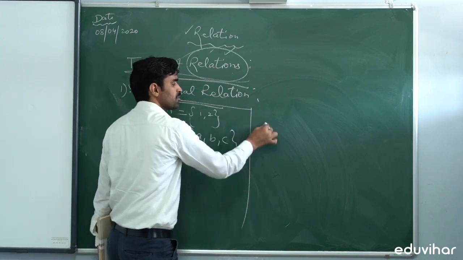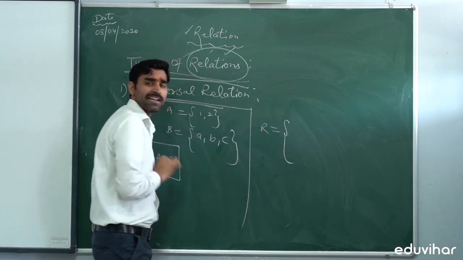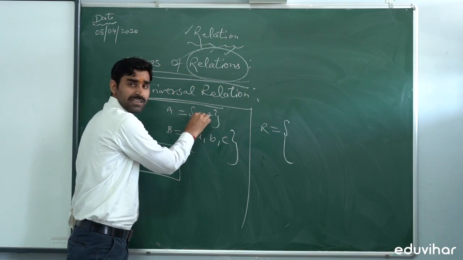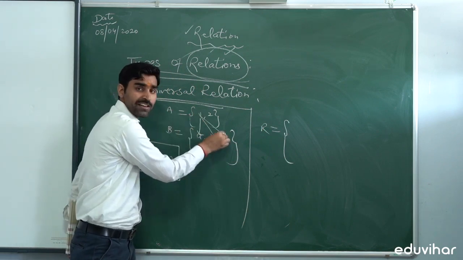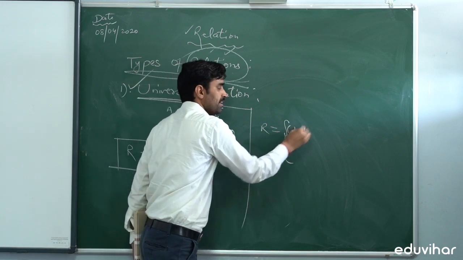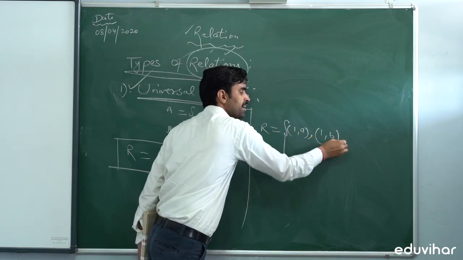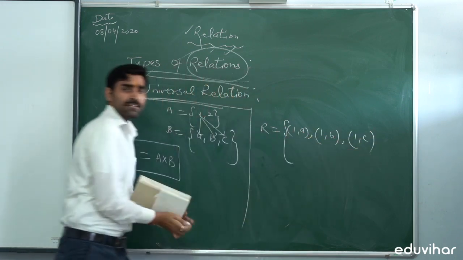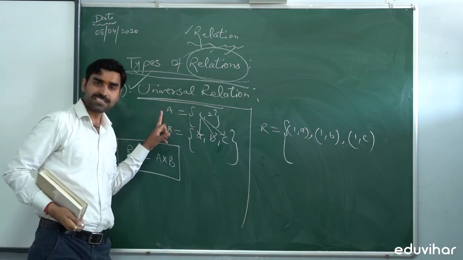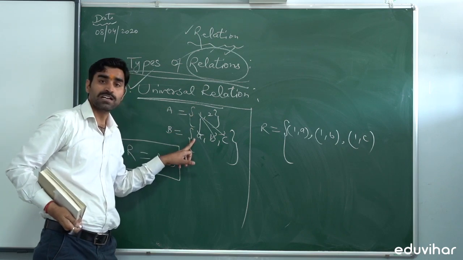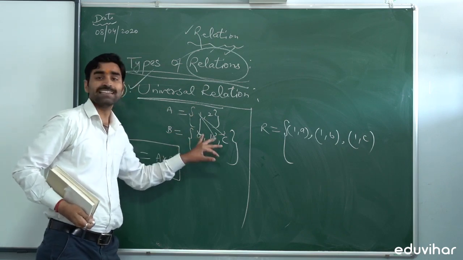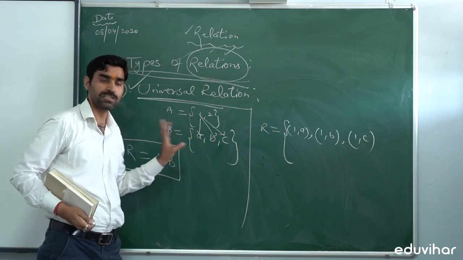Or you can say universal relation can be written down as 1A, 1B, 1C. That is, the first element of the first set must be mapped to all the elements of the second set which are given to us.